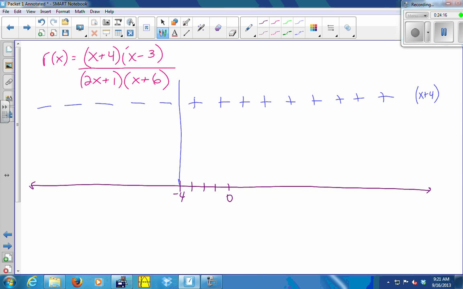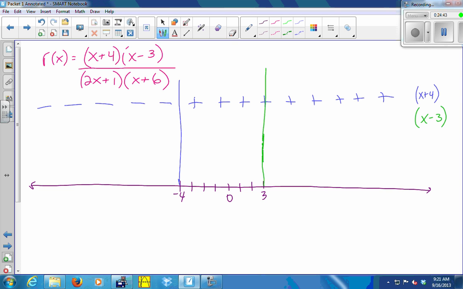All right, next factor, x minus 3. Where does x minus 3 equal 0? At 3. So I'm going to put in a fence at 3. Okay, when I plug into x minus 3 something to the left of 3, what's the sign of that factor?